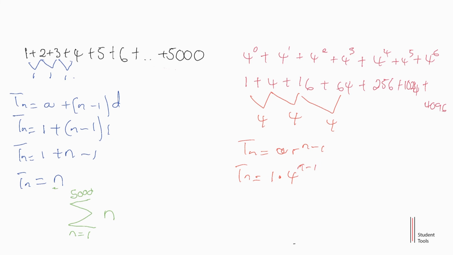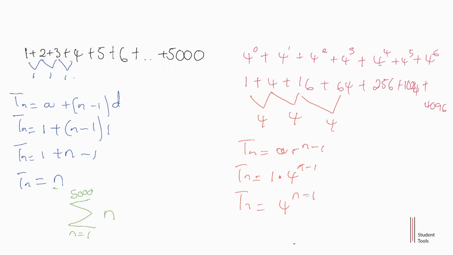So that means the nth term is equal to 4 to the power n minus 1. So this is the general term of the powers of 4, from 4 to the power 0 up to 4 to the power 6.